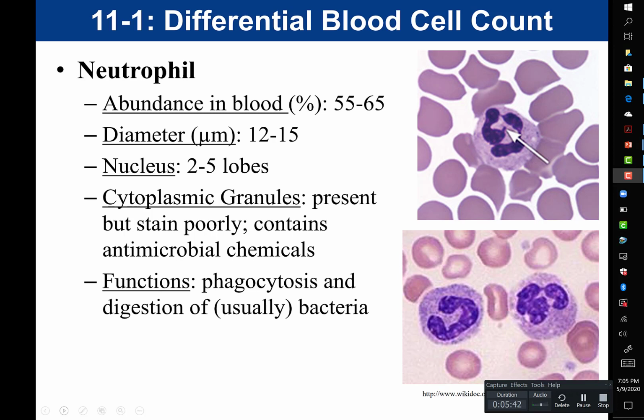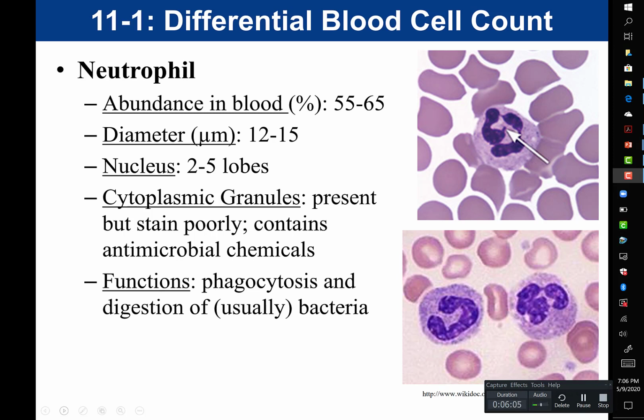It's filled with granules. And we'll talk about what those granules do in just a moment. So in terms of relative abundance in the blood, these are going to be the ones that you see the most often. So between 55 to 65% of white blood cells will be a neutrophil. So by far, this is going to be the one that's the most common.